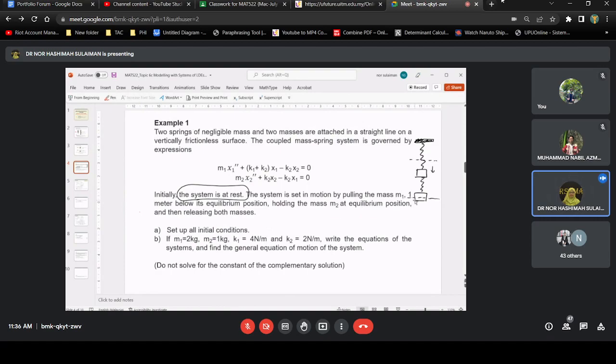So initially, X1 prime 0 equals 0 and X2 prime 0 also equals 0.